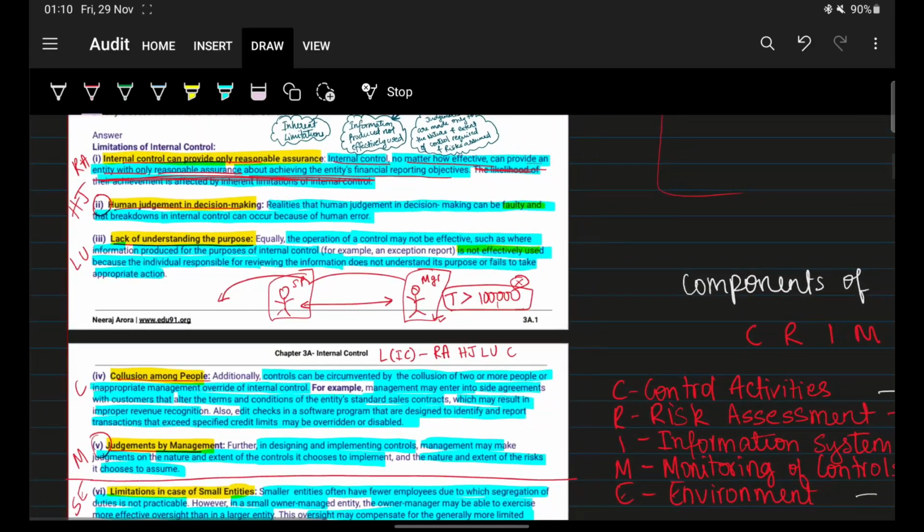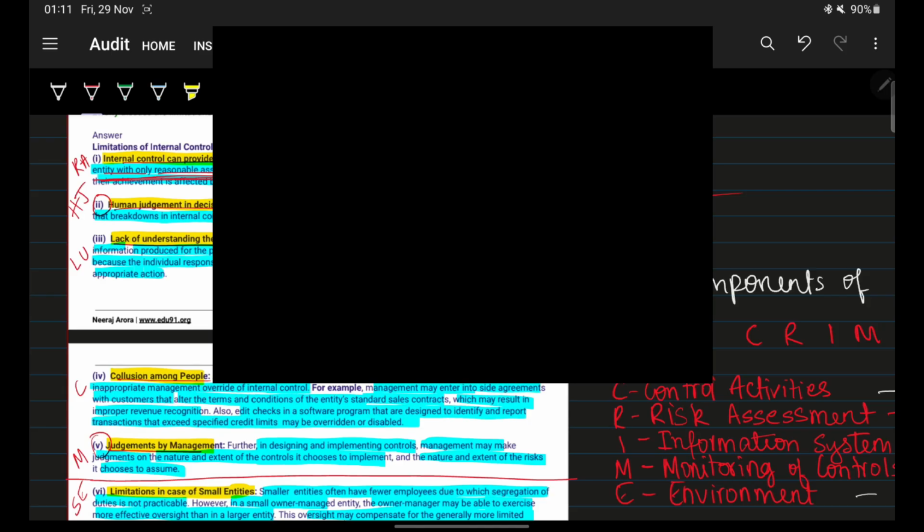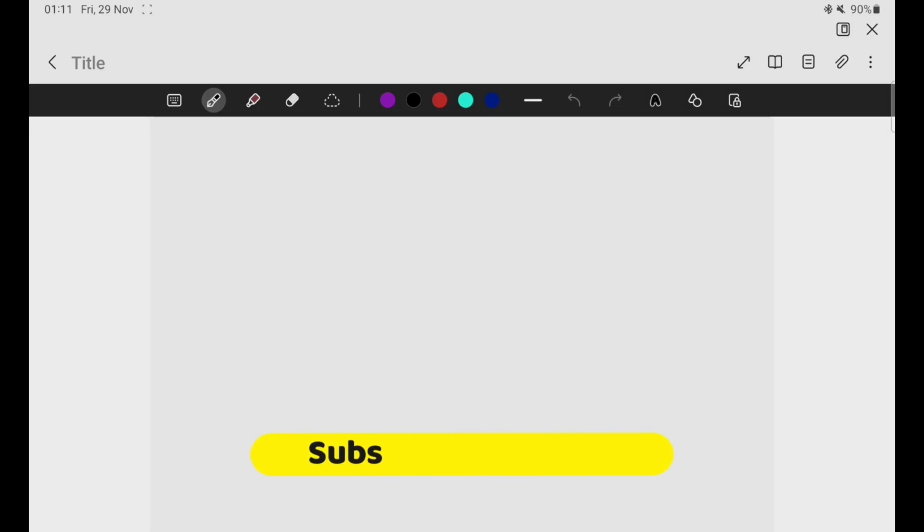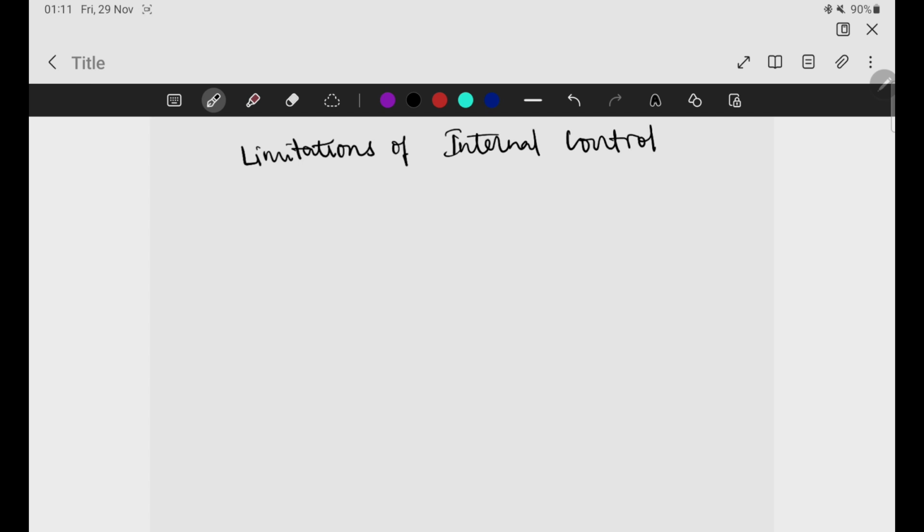Let's just go through it from the top again. We'll just write it down. So we were discussing limitations of internal control, right?